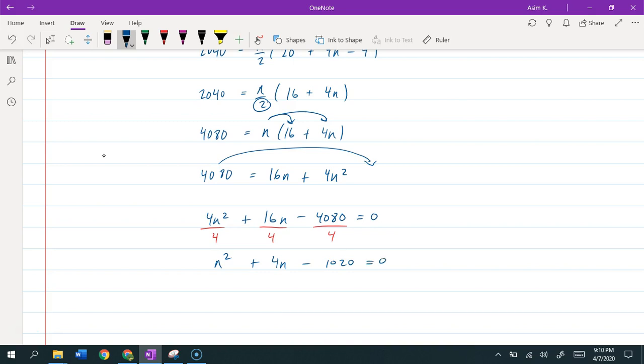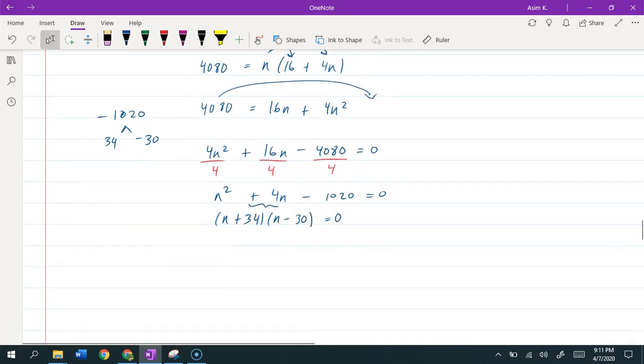So the two factors need to multiply to negative 1020, and they need to add up to a positive 4. You can pause and try to think of those two numbers. The numbers that I get are 34 and negative 30. So we'll have (n plus 34)(n minus 30) equal to 0.